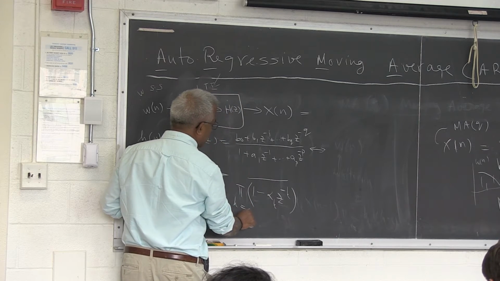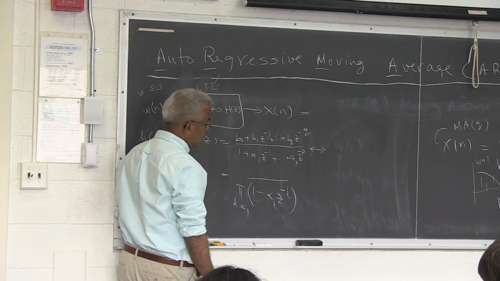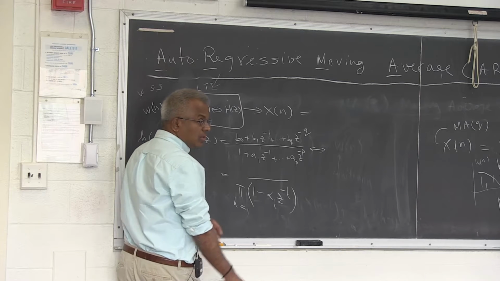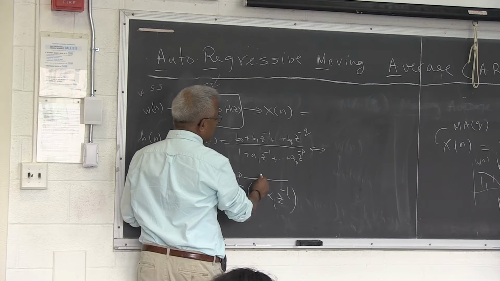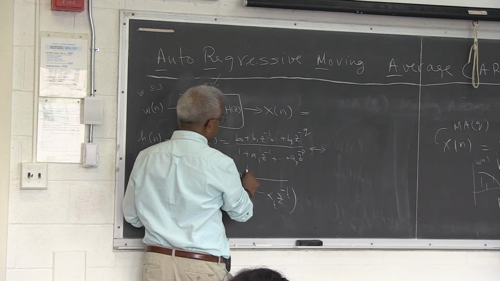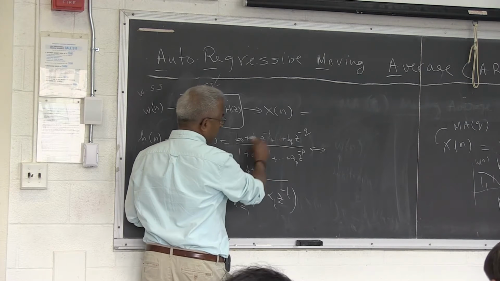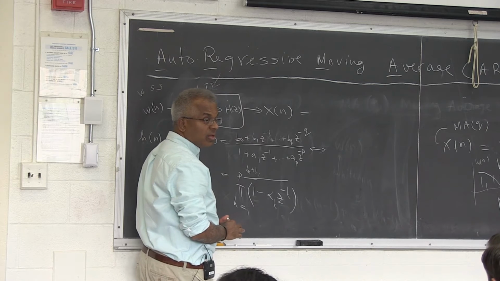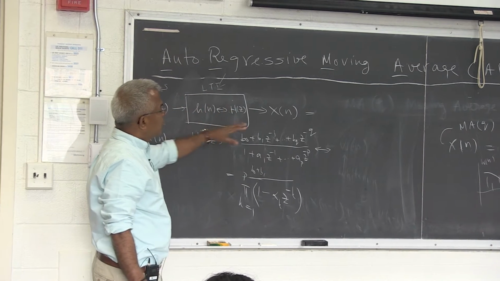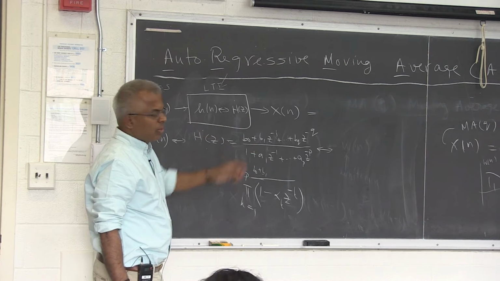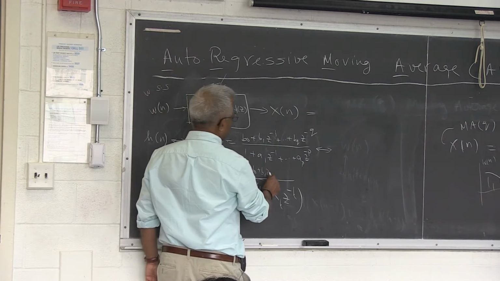How many poles? All right, so this goes here. And in the numerator, there is b naught plus b1, and so on. Of course, how many zeros are there? Q zeros. So you know an ARMA system has Q zeros and P poles, whatever those values are.